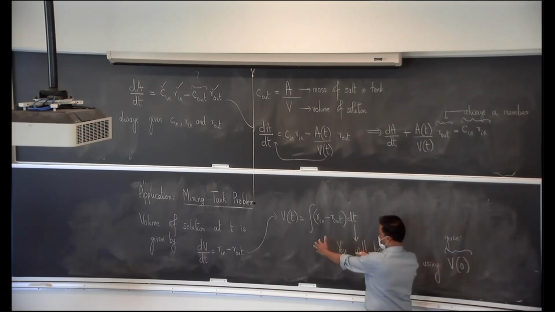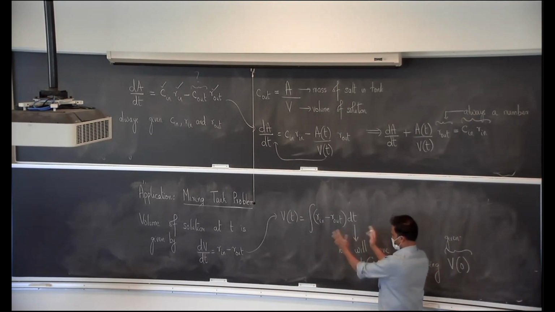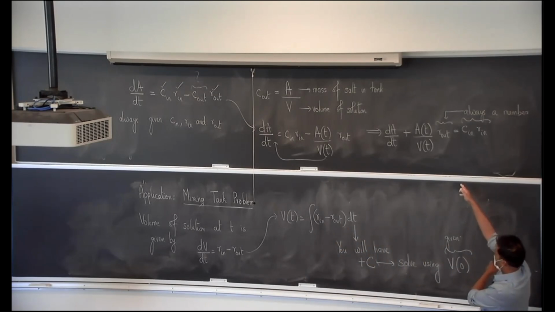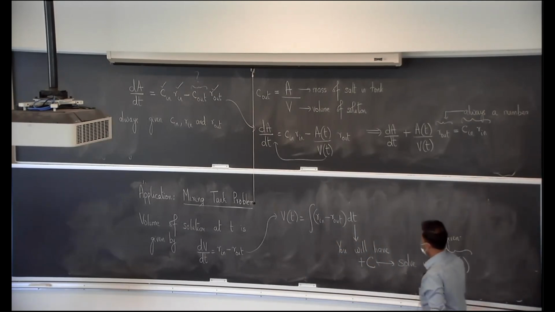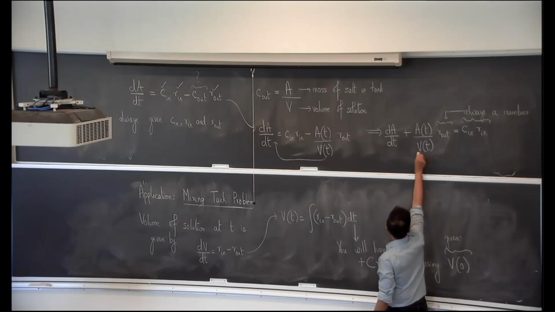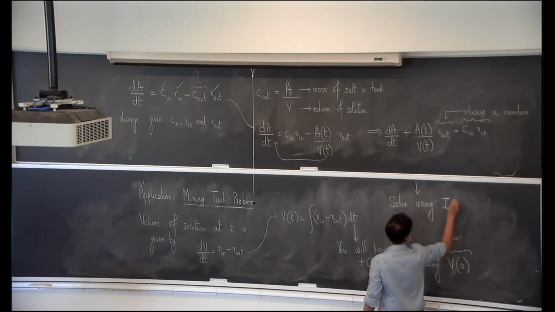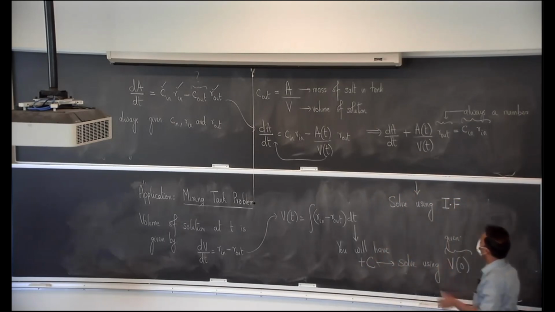As soon as you start doing the problem, take care of the volume. Find the volume function, put in your C so that you can input that back into your differential equation. Without that, you cannot solve it. So once you have this, put it back there and then solve using the integrating factor. That will give you another C.